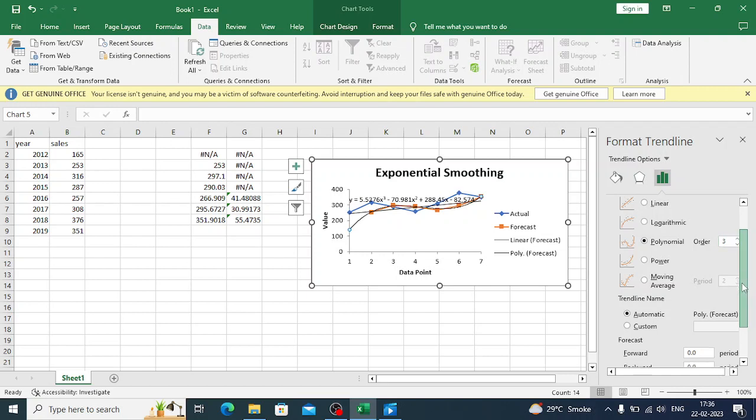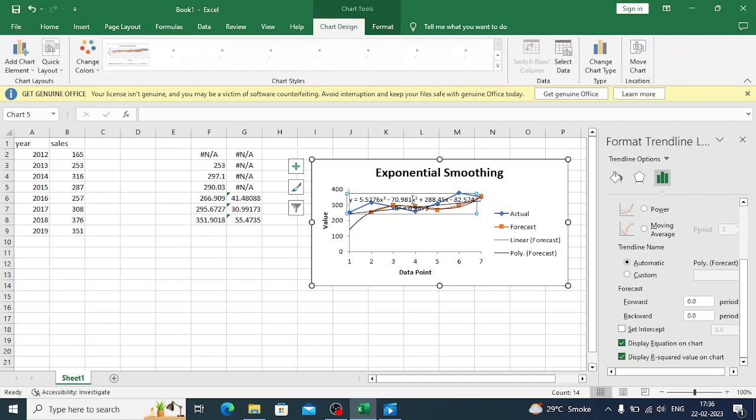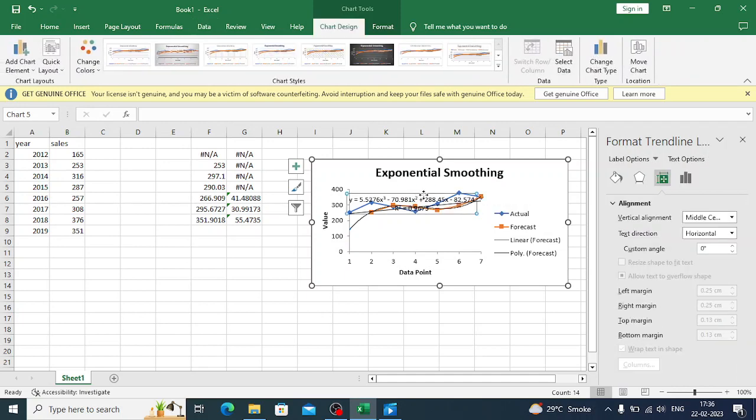Now along with the equation we have to display the R-square value also. I am going to put this chart a little above, or a little down, so that we can understand. Okay, so here the first value is the trend line equation and another one is R-square.